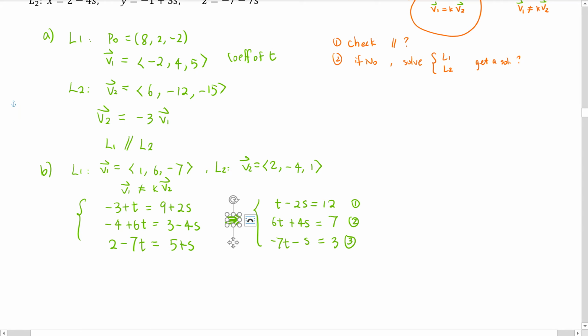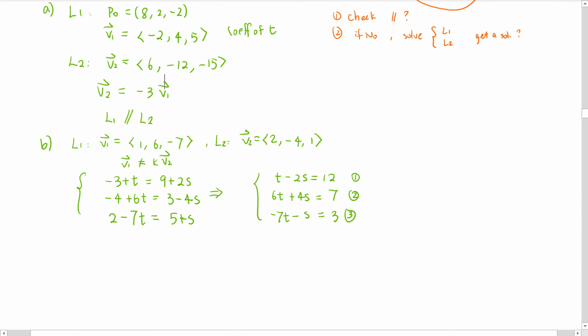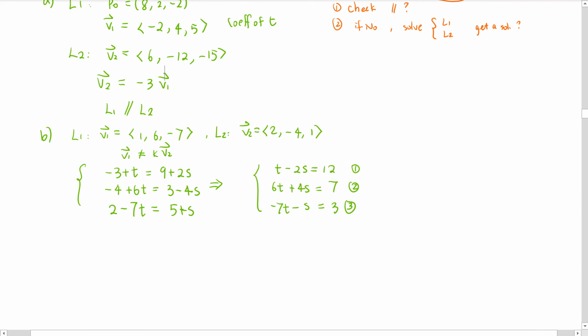Let's see. I might need more space because I still have part C. Okay, so let's continue. We can use the elimination method. Let's try to eliminate s. Let's use the first equation times 2. Then we have 2t minus 4s equals 24.